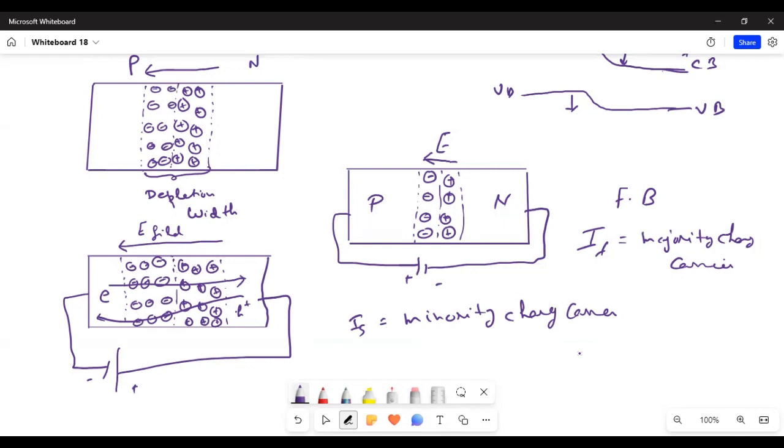At the same time there is some minority charge carrier current, opposite to this one, which is the electric component, and it is very small, because the majority charge carrier current is very high.